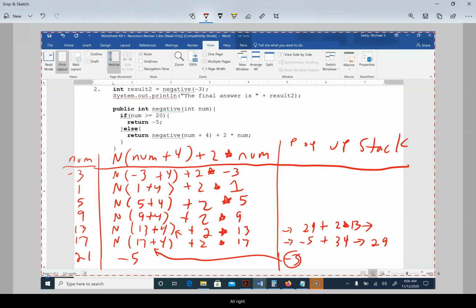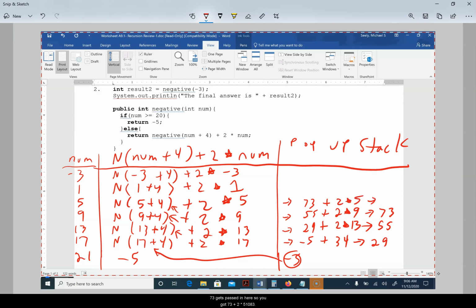All right. That is 26 plus 29, 55. 55 gets passed into there, so you got 55 plus 2 times 9. So you got 18 plus 55 is 73. 73 gets passed in here, so you got 73 plus 2 times 5.